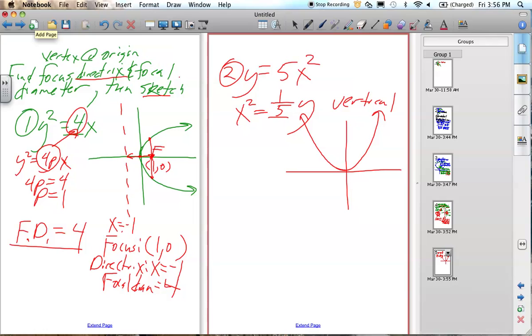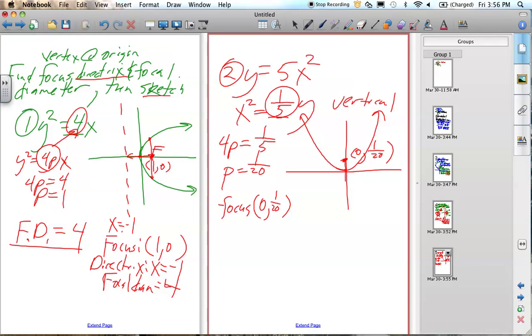First thing we need to do then is find p. So 4p is going to equal 1/5. We solve for p by dividing by 4. p is 1/20. So my focus, in this case, I'm going to go up. My focus is going to be right there. Its x-coordinate is 0, and its y-coordinate is 1/20. So it's going to be (0, 1/20).